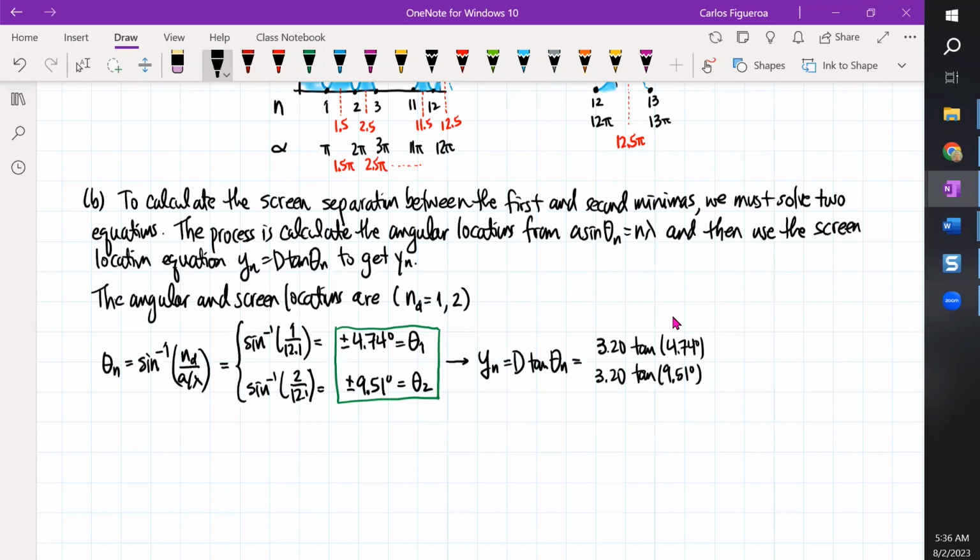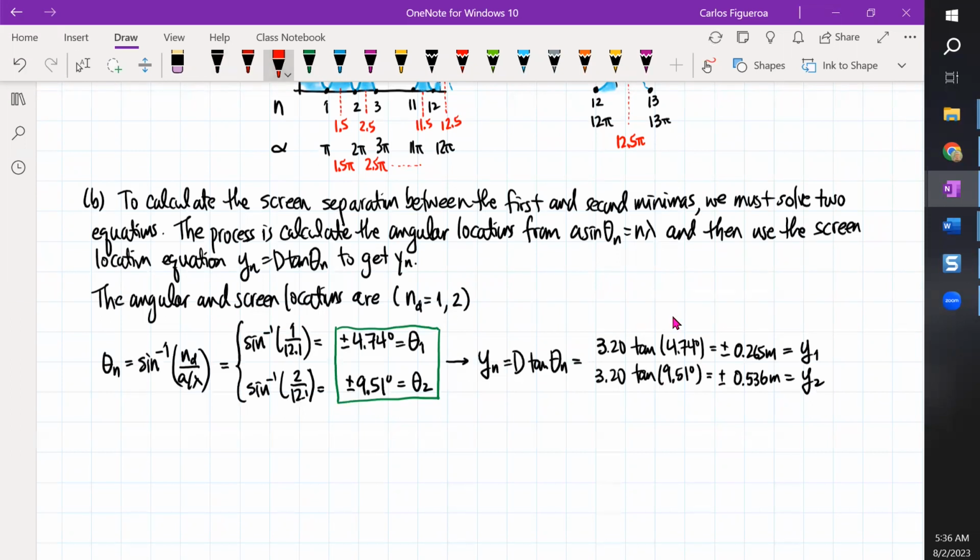And when I compute that, I'm going to get plus or minus, and I'm going to write this in centimeters because that'd be easier. Well, maybe I should have. It's going to be 2.65 meters, and this is now y1. And then this will be plus or minus 0.536 meters, which will be y2.